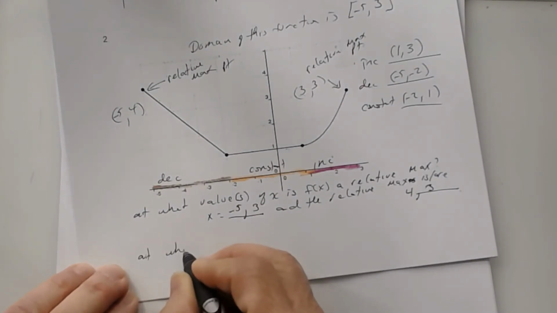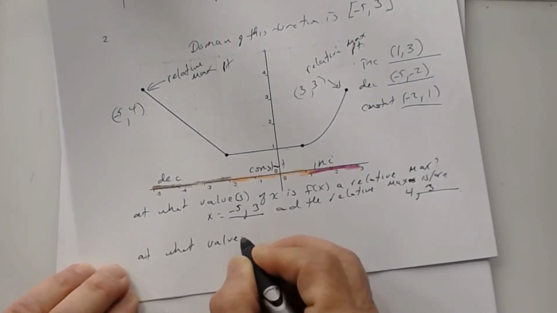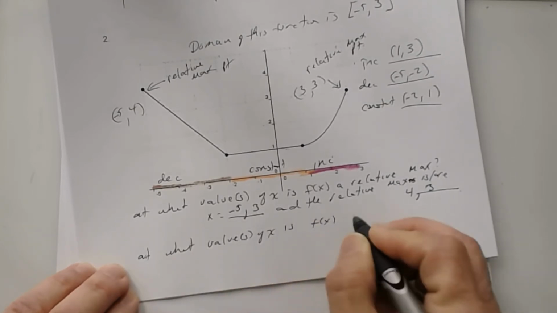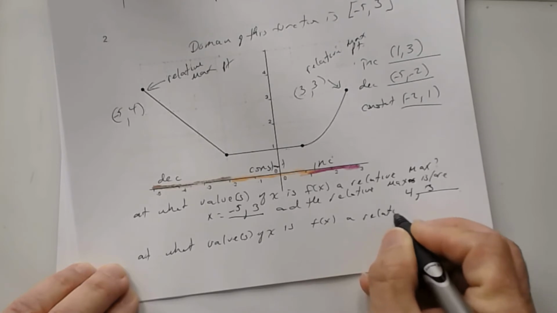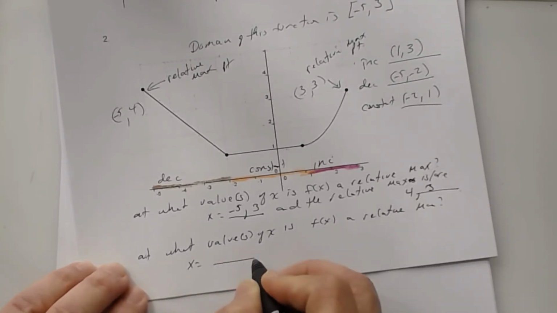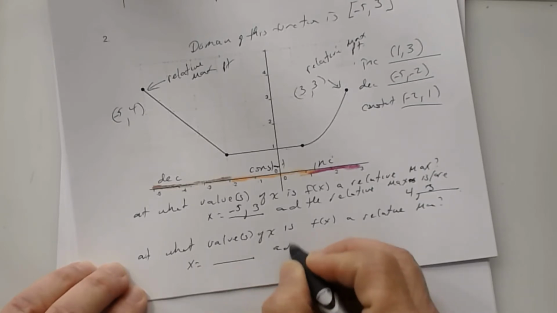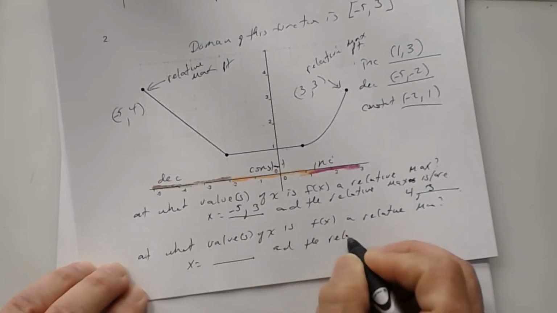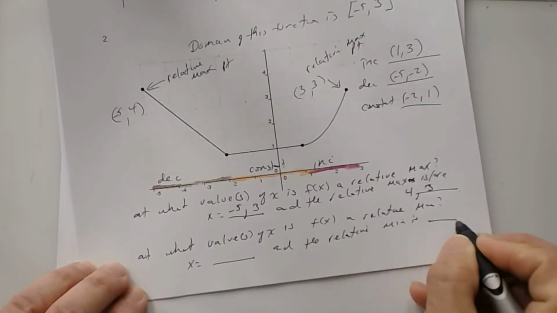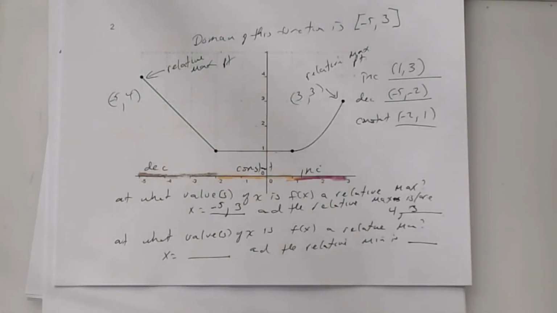At what values of x is f of x a relative min, x equal blank, and the relative min is blank. All right, so write that down.